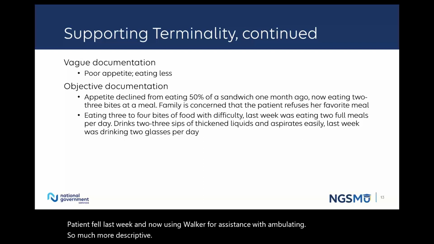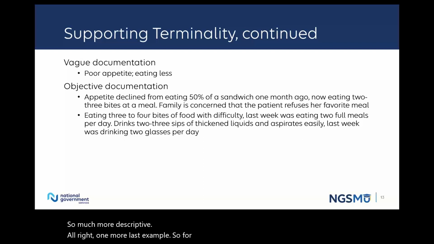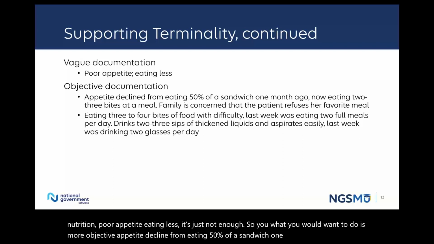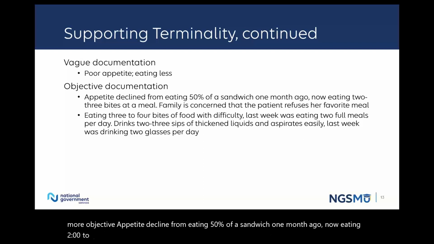All right, one more last example. So for vague documentation, just not enough in terms of the nutrition: "poor appetite, eating less." It's just not enough. So what you would want to do is more objective. Appetite decline from eating 50% of a sandwich 1 month ago, now eating 2 to 3 bites at a meal.